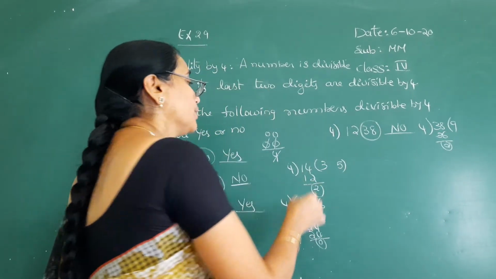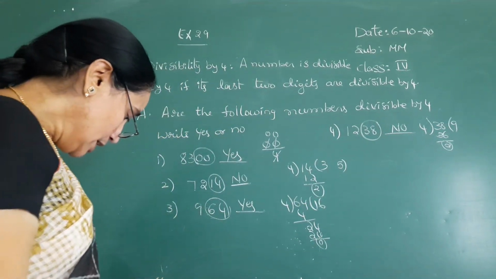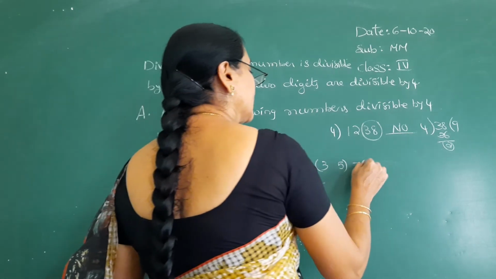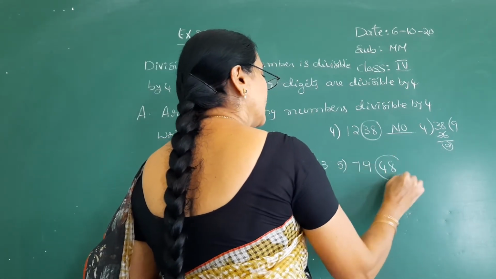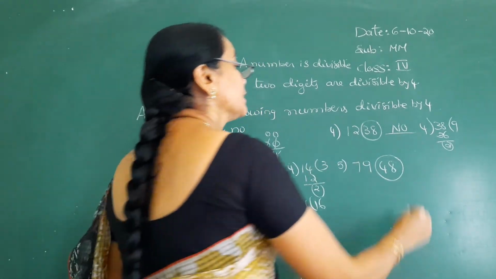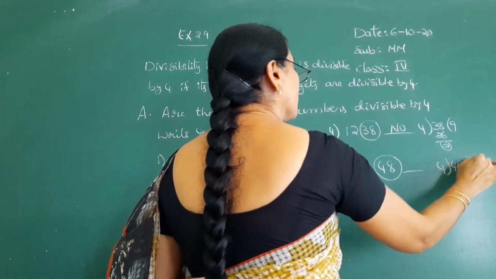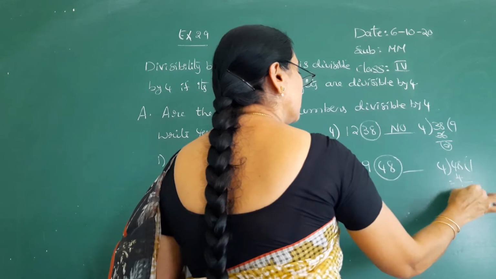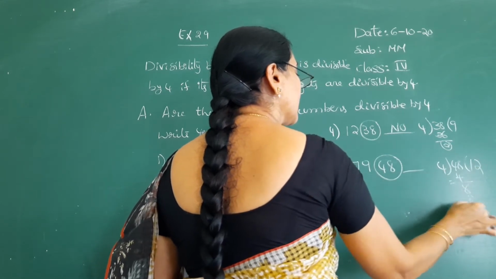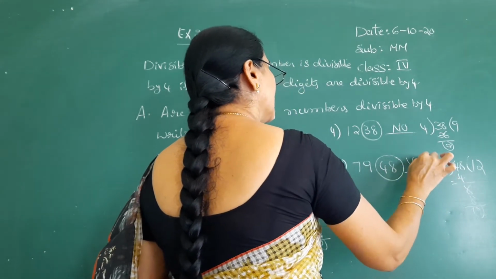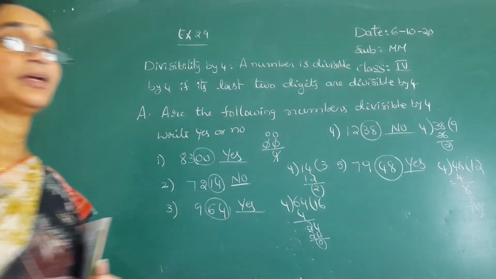See the fifth problem, 7948. Here the last two digits are 48. Divide 48 by 4. 4 ones are 4. Drop 8, 4 twos are 8. Remainder 0. So yes, the total number is divisible by 4.